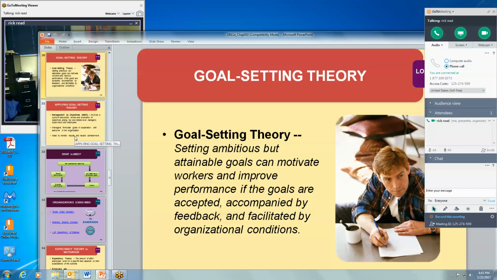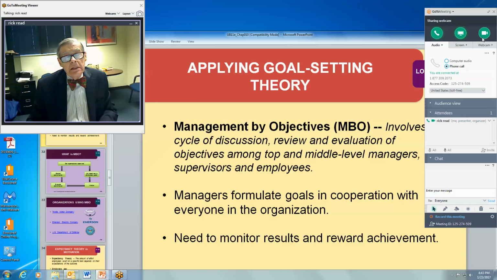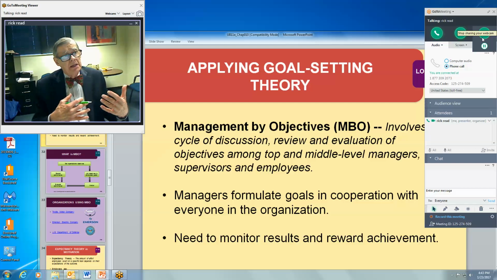One of the most often used goal setting theories, if you will, is what's known as management by objectives, MBO. And this works in kind of the same way, where they have different objectives and they're agreed upon, and everybody sits down and they write the goals out and the objectives and how they're going to get there.